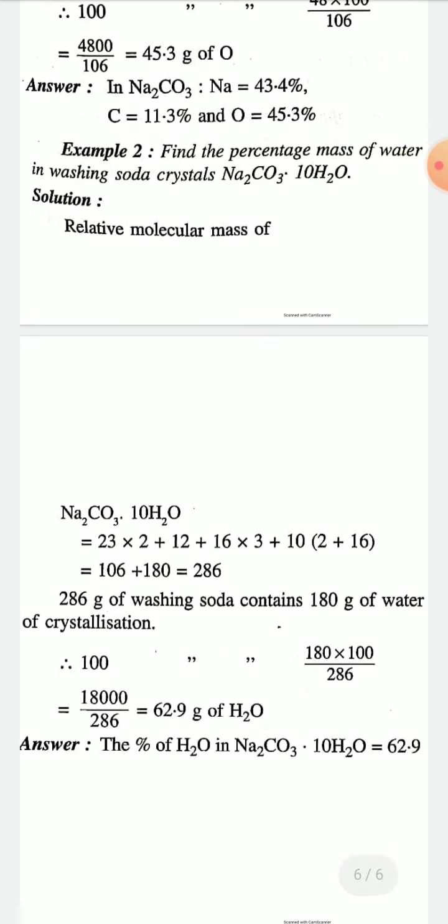The atomic mass of sodium is 23, so 23 into 2 plus carbon 12 plus 3 into 16 for oxygen plus 10 into (2 plus 16), that is 10 into 18. So the total molecular mass of Na2CO3 dot 10 H2O becomes 286.